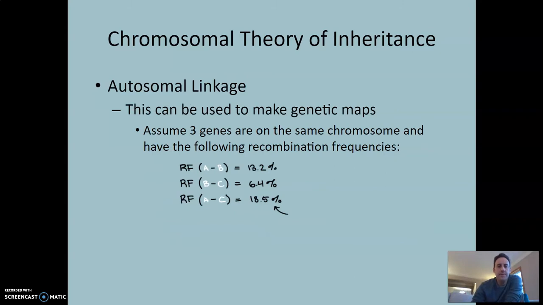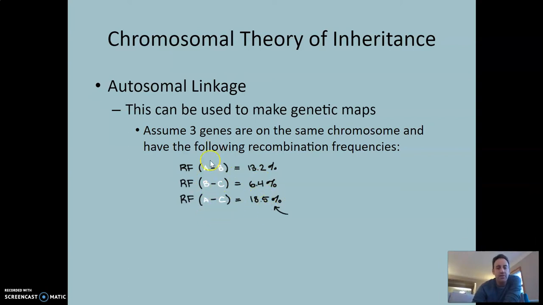So then, like I said, this allows us to make a preliminary genetic map. Let's assume that you've learned that A and B have a recombination frequency of 13.2%, B and C 6.4, and A and C 18.5.